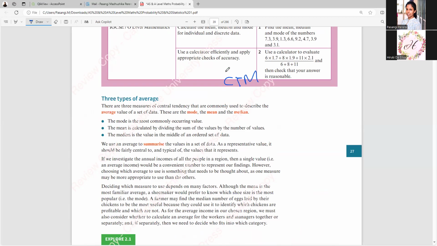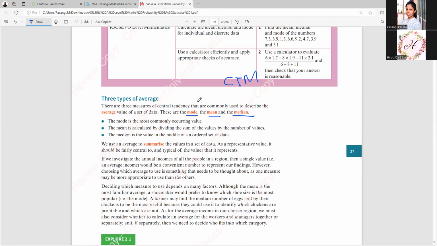When it comes to central tendency measures, there are 3 measures that are commonly used to describe the average. Normally, mean, mode, and median are the most popular central tendency measures.